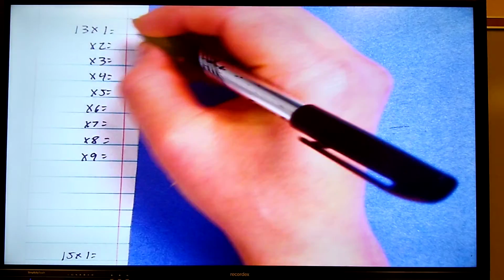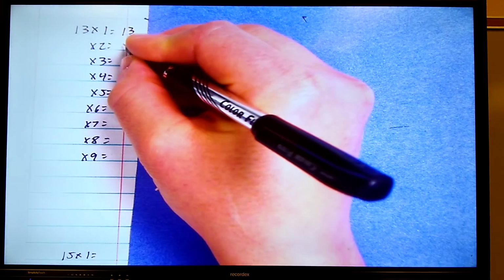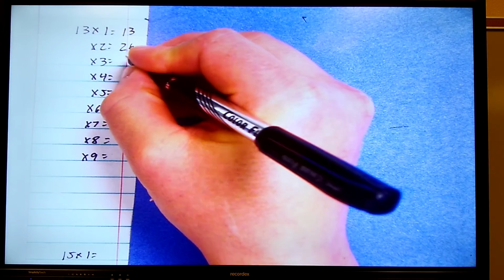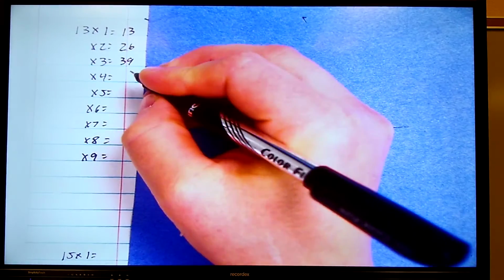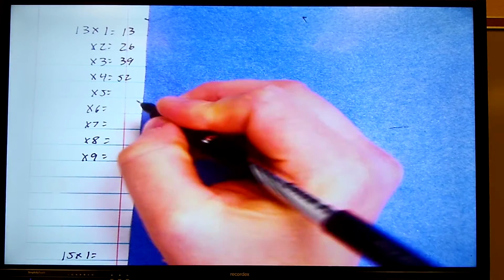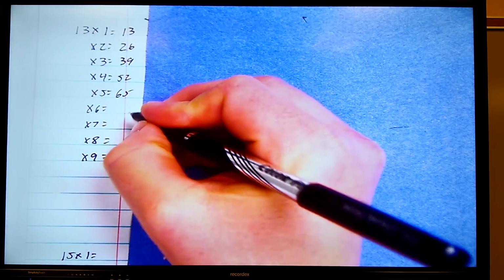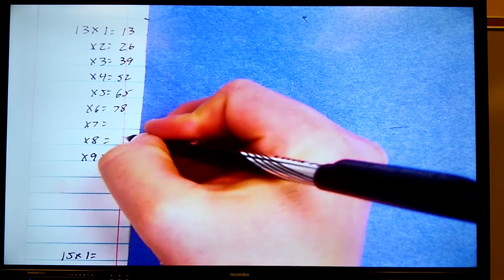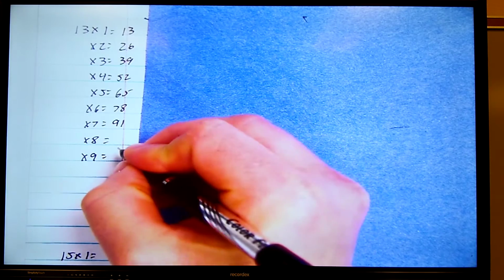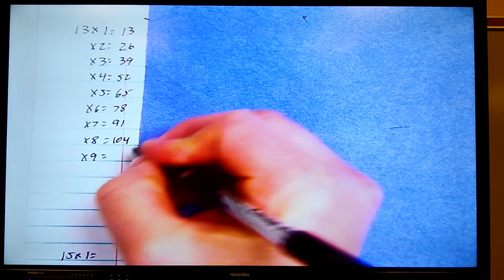13 times 1, 13. Times 2, 26. Times 3, 39, times 4, 52, times 5, 65, times 6, 78, times 7, 91, times 8, 104, times 9, 117. So now I have all the information I need to solve this problem.